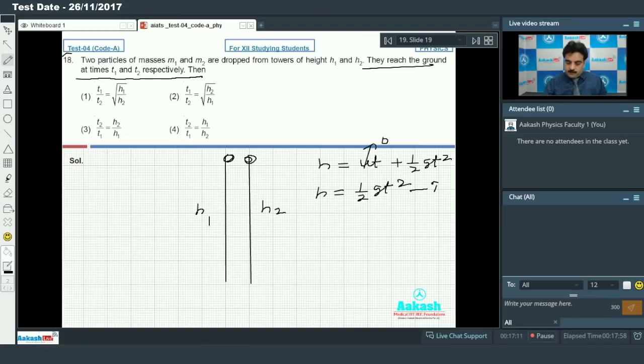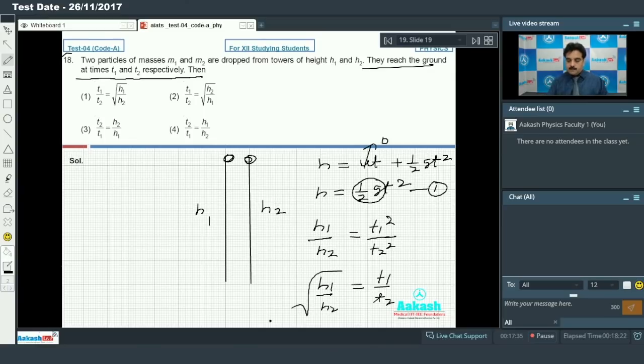On the basis of equation number 1, we can make a relation h1 upon h2, because half g will remain constant for both. So we'll have t1 square upon t2 square, because half g will cancel. So we can write t1 upon t2 is equal to the root of h1 upon h2.